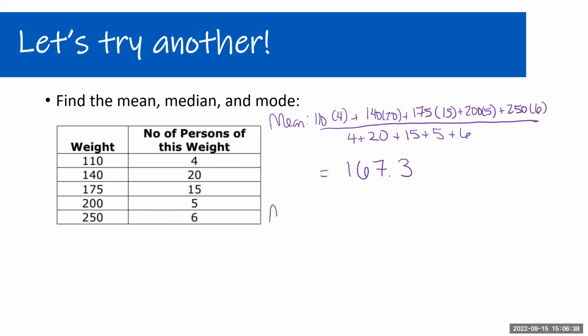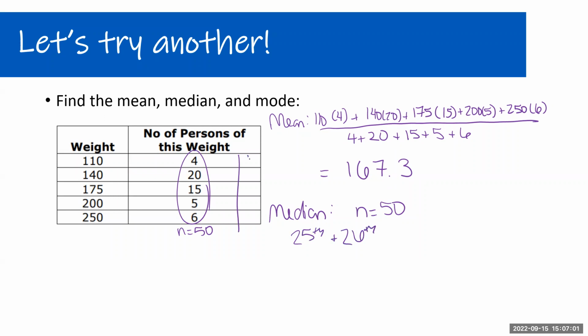Now our median, we know the n is 50, okay? Because if we add all these up, n is going to be 50, right? And so the middle of 50, the middle two would be the 25th and 26th observations.